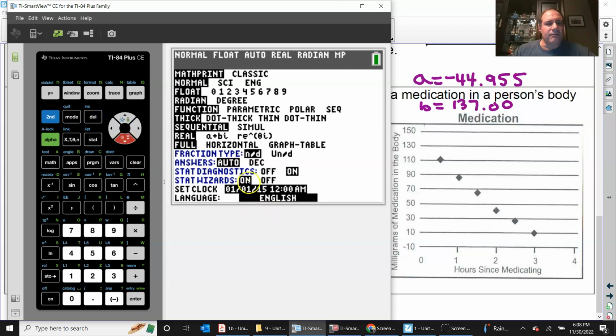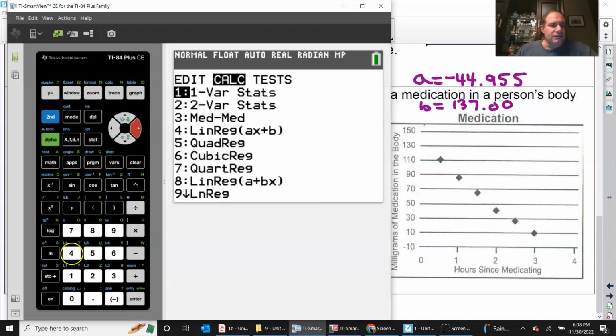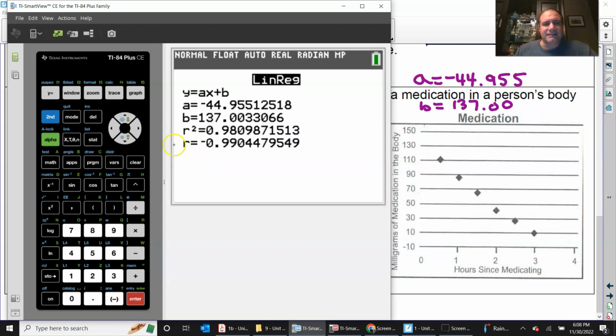Then you go down one, and you can tell that stat diagnostics is on. And you'll know if stat diagnostics is not on because when you press stat, go to calc, press 4, and then press down, enter, enter, enter, you will not see the R. It'll stop with A and B.